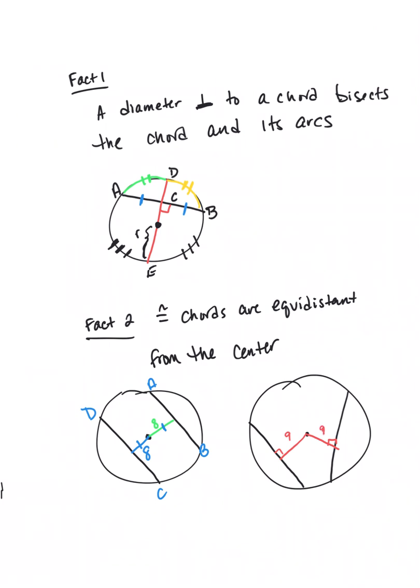That means, again, AB is congruent to CD. And by the way, congruent chords have congruent arcs. So in addition to these being congruent, you're able to say that these arcs are congruent as well. There's a lot of resulting information from this.